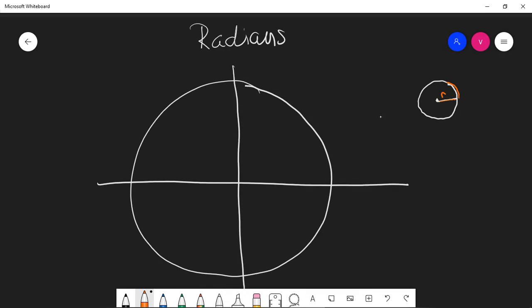And what you find is that you actually have, how many radians? 6 radians, a little bit over 6 radians. 1, 2, 3, 4, 5, 6, and a piece there. Okay.